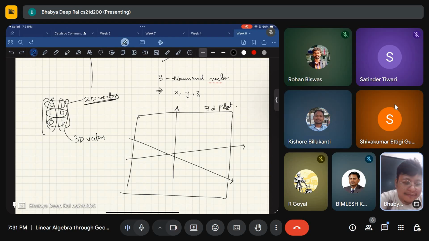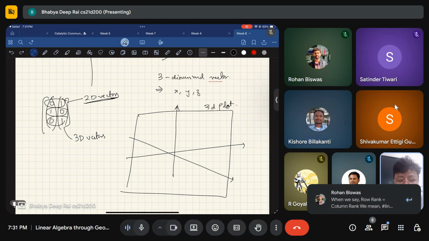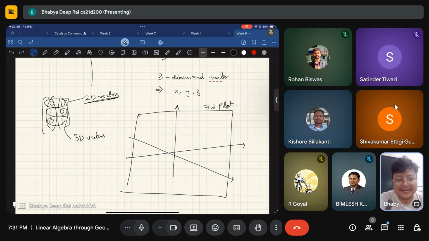See, the rank we were talking about was the number of pivot elements in the reduced row echelon form. It's the same. That is correct. So here row rank and column rank are referring to the same topic. Exactly.